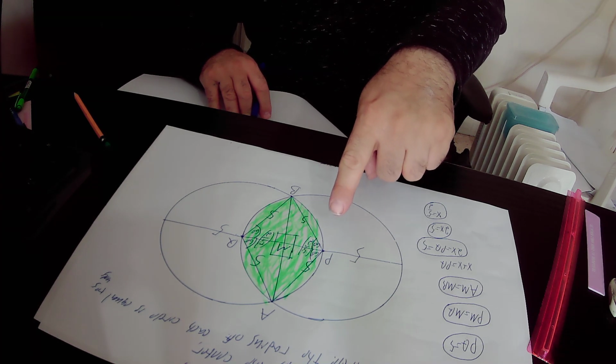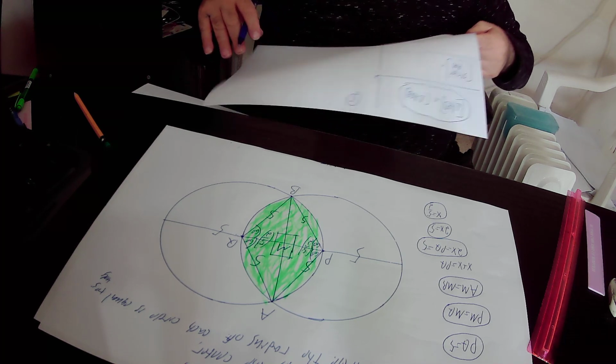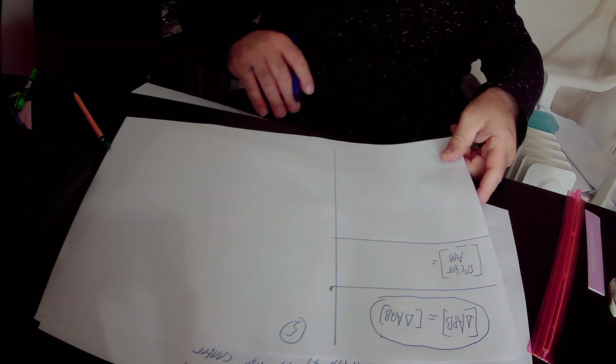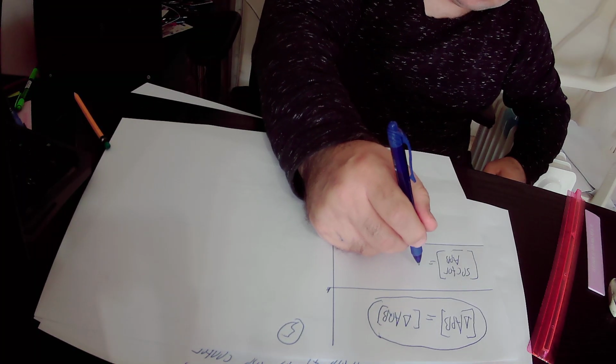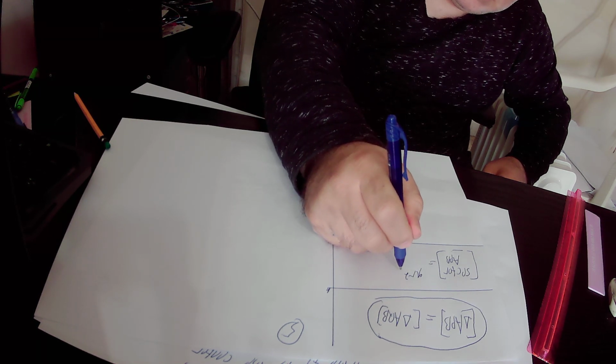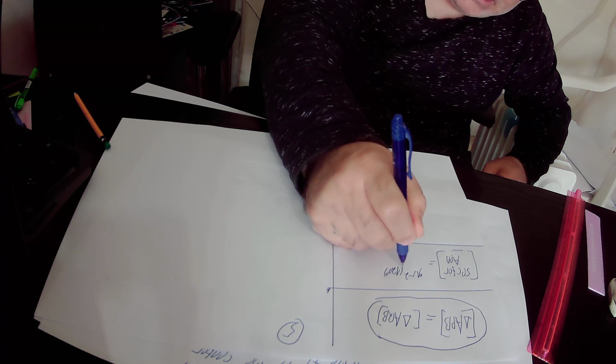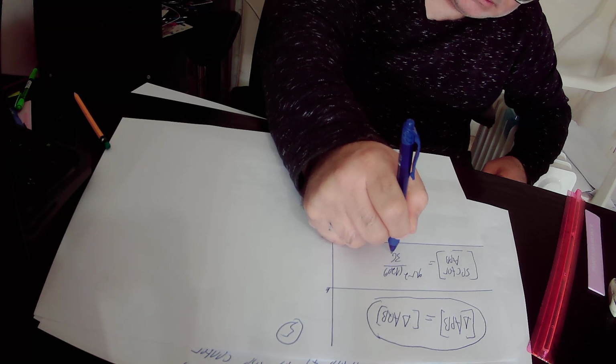So it is pi r squared times 120 degrees over 360 degrees. I write it down that the area of sector APB equals pi r squared times 120 degrees over 360 degrees.